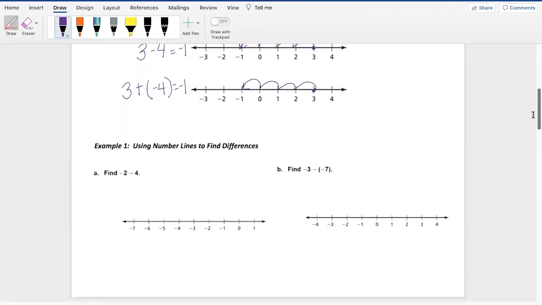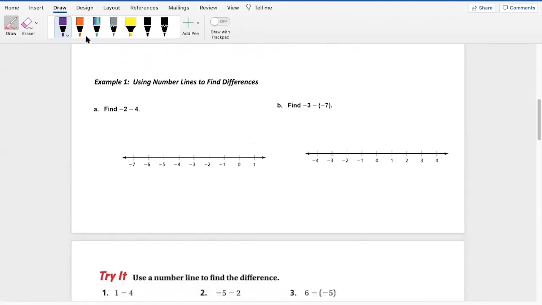All right, so let's try a couple examples using this number line. If I start at negative 2, I can rewrite it by adding the opposite. So negative 2, instead of subtracting 4, I can think of it as adding a negative 4.